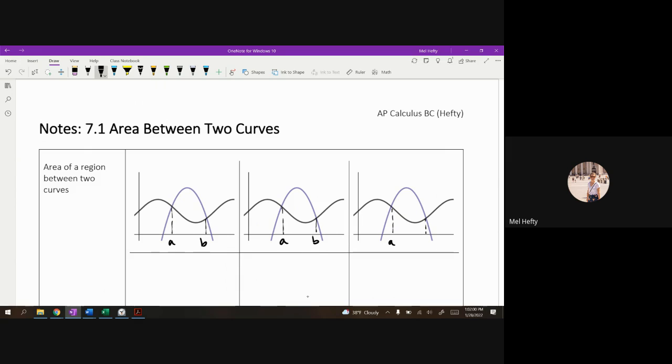All right. So I'm going to label this picture the same way each time. My goal for today is to find this area, the area between two curves.